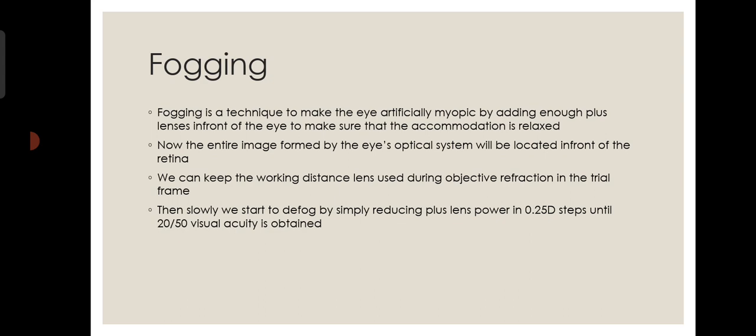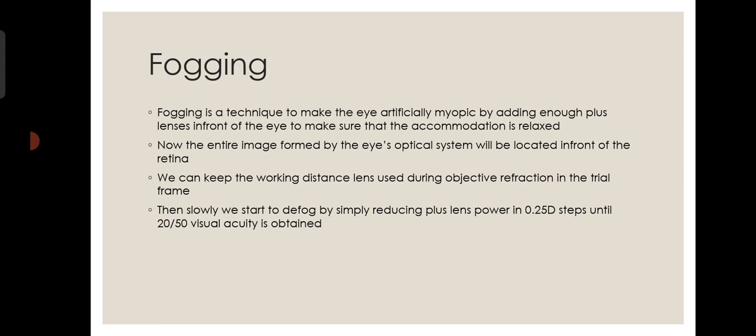You cannot remove that plus 1.50 working distance lens. Now you are doing objective refraction, your retinoscopy. Whatever value you are getting, you will not remove the plus 1.50 working distance lens. That is the concept of fogging basically.